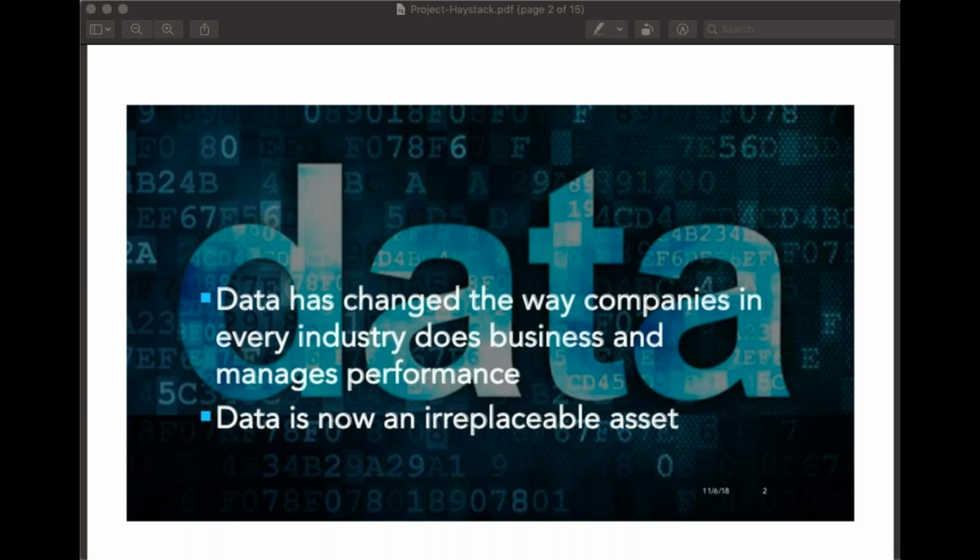Changes their ability to perform, to track their results, to now with machine learning and AI techniques to predict or better understand the meaning in that data. And I would say that there's no question it's an irreplaceable asset, right? Any modern organization has to be using data to run their business.